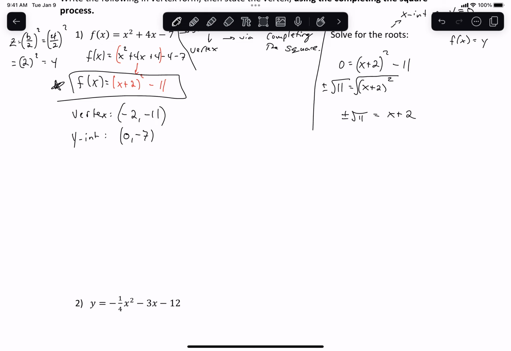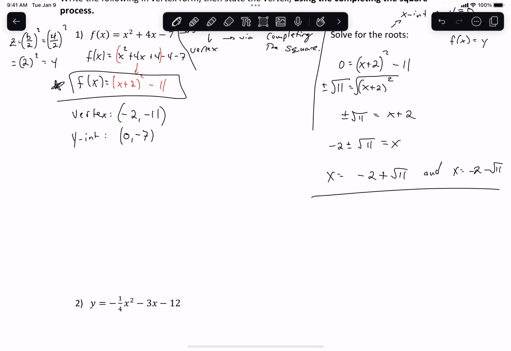I'm okay with the roots looking like this, especially if this is on the no calculator portion of the test. Done. Move on with your life.